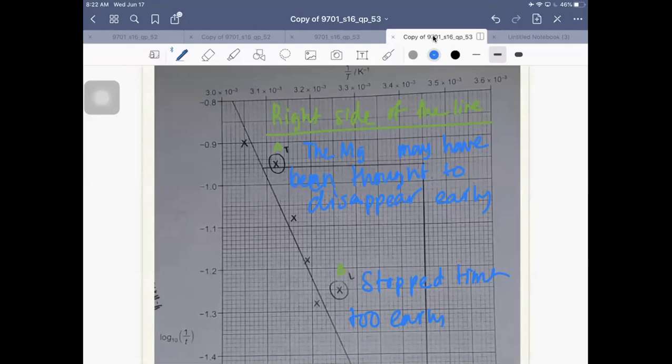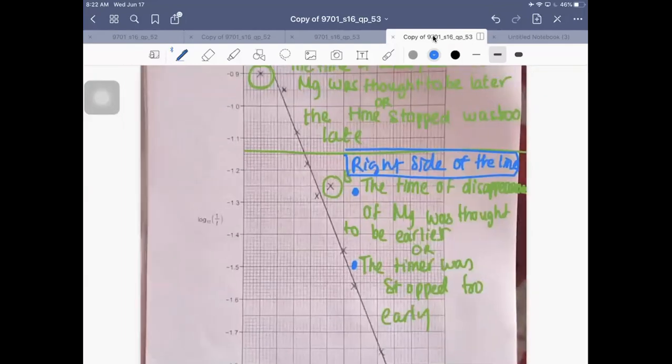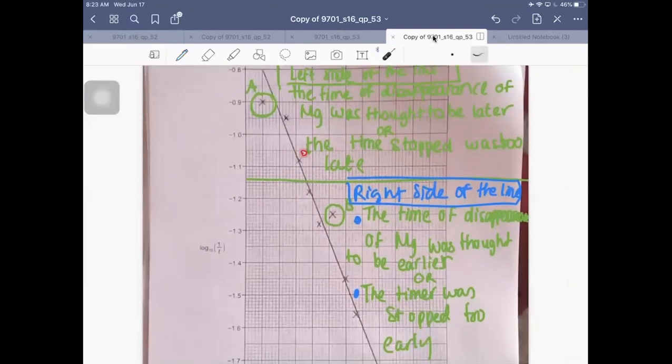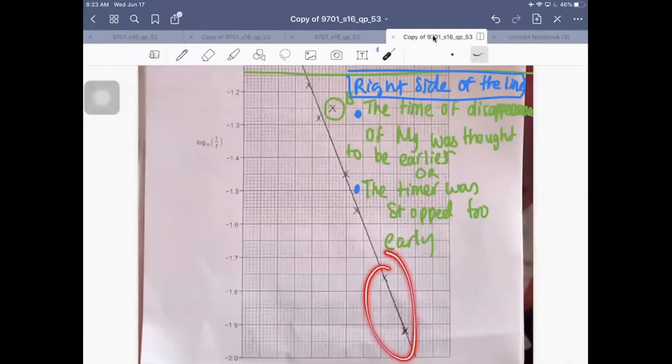That is also fine. This one looks like a good plot because you can see that these points are sitting exactly on the line. And this one. So again, it all depends on your own perception of your graph.